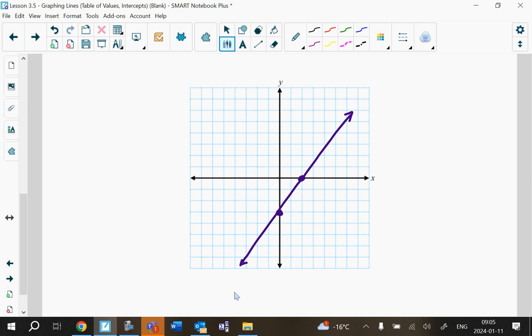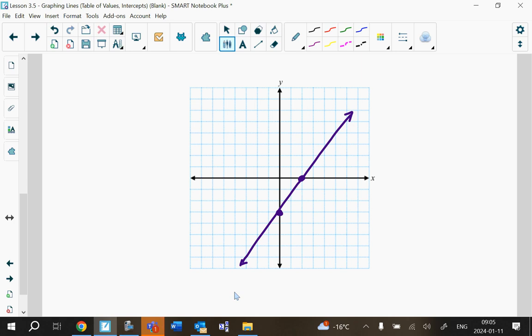So you still have to do some algebra. You have to solve a couple of equations, but they're pretty easy equations to solve. Right? But a lot of times the intercepts method is quicker and more efficient than table of values. Okay? You need to be familiar with all the methods.